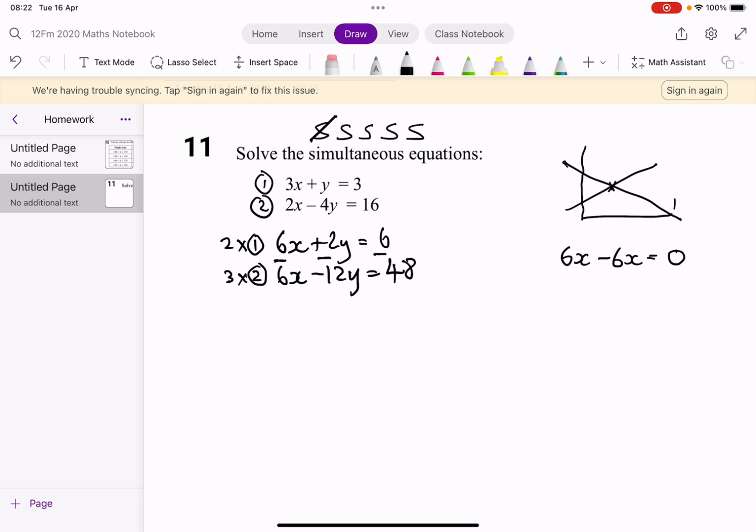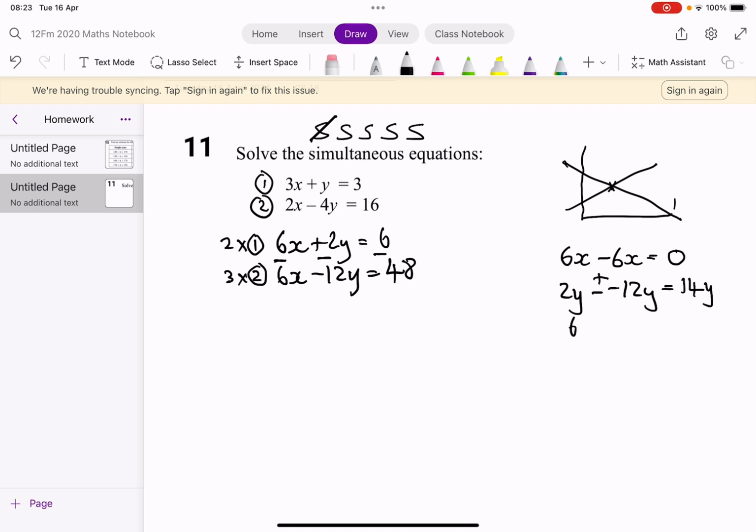And this is called solving simultaneous equations by elimination. I've then got 2y take negative 12y. And the reason I like writing these out is because I can then see any double negatives. In this case, I've got a double negative, which is the same as an add. So I've got 2y plus 12y, which is 14y.